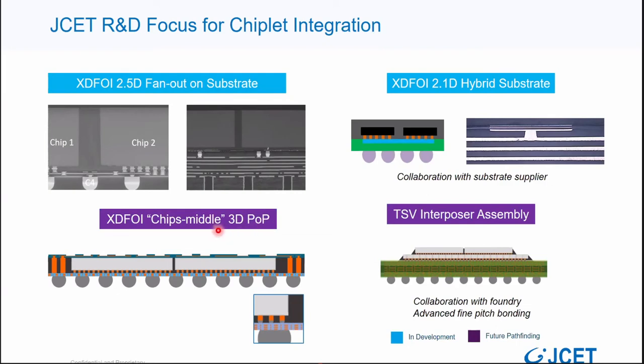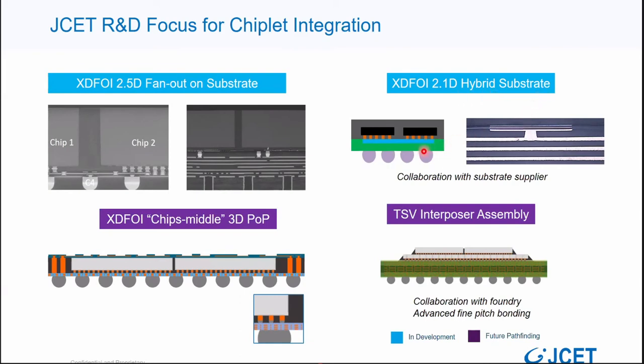And also the chip middle 3D POP: we developed this application previously a year ago, but now we are restarting this practice. This POP can be used for a typical POP APU package, and can also be used as an interposer, a bridge interposer for high-end 2.5D chiplet packaging.